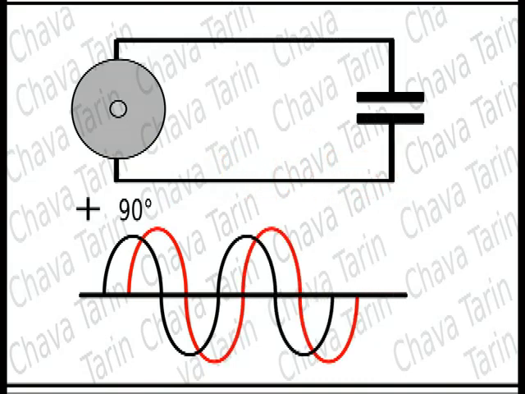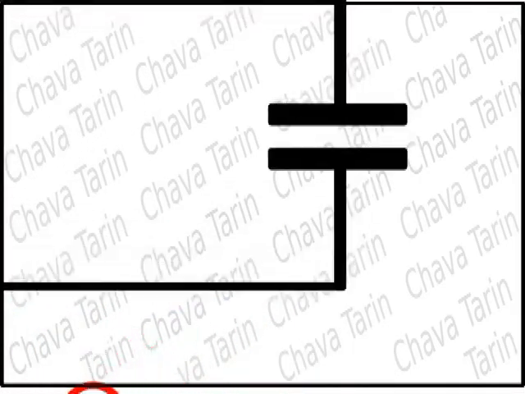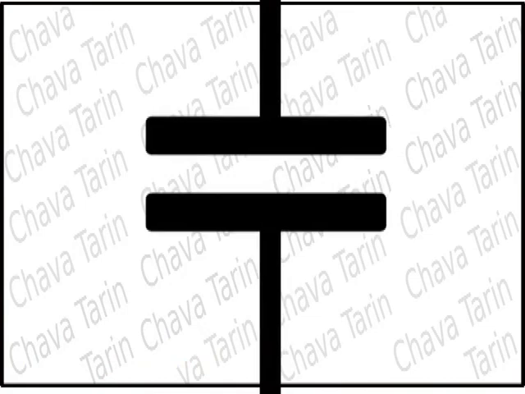Going on with this example, if we now replace the inductive load with a capacitive load, the current leads the voltage by almost 90 degrees. In fact, the way to get rid of low power factor in industry is to use capacitive loads, also called capacitor banks, which make the current lead the voltage in order to compensate for low power factor caused by inductive loads.